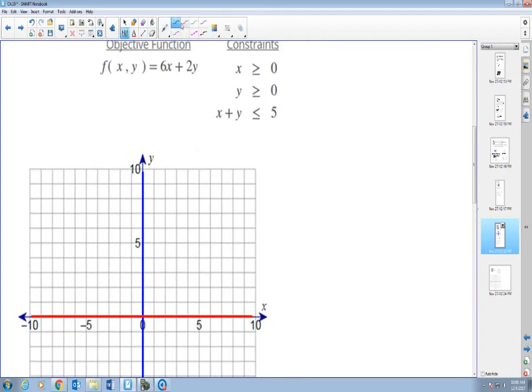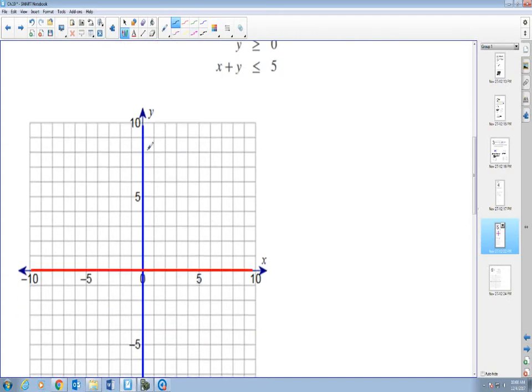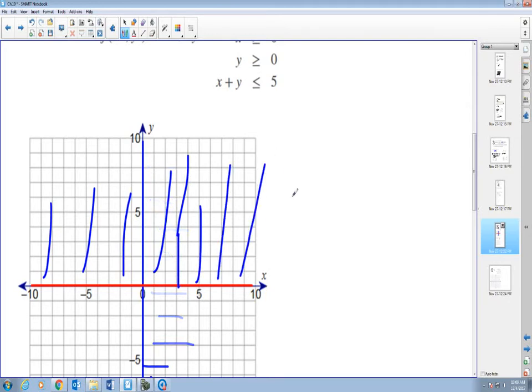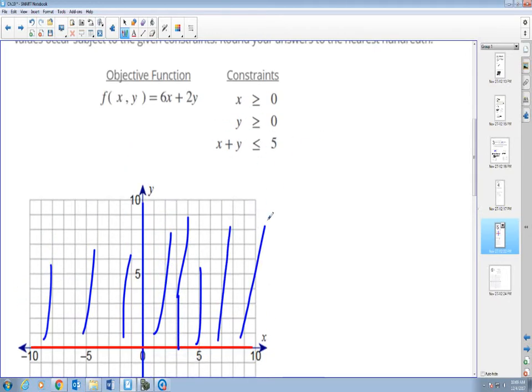I'm looking for a region that is to the right of my y-axis. You know what? Rather than do that, that stays permanent. I'm going to use this one, the magic one. To the right of my y-axis and above my x-axis.